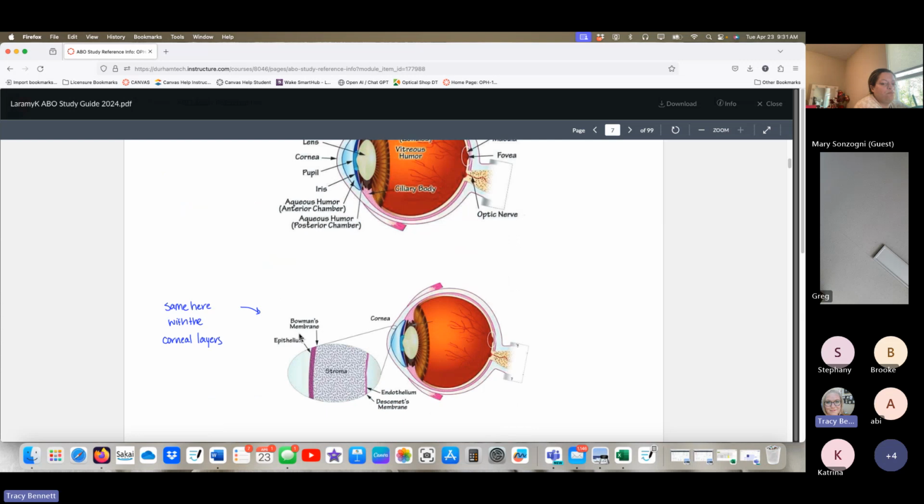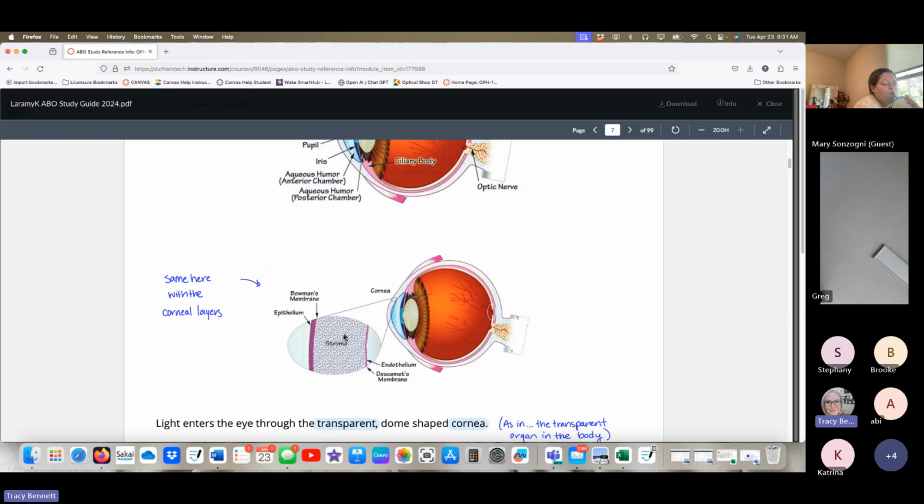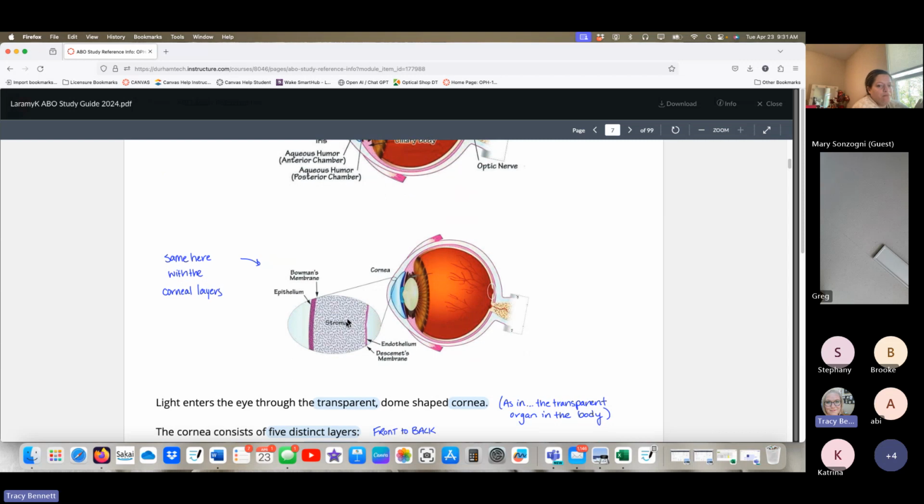The other thing is knowing this breakdown of the cornea, you're almost guaranteed to get this question in some shape or form. You see this pink, you've got your epithelium on the outside, then Bowman's, and that's the membrane that separates the epithelium from the stroma.